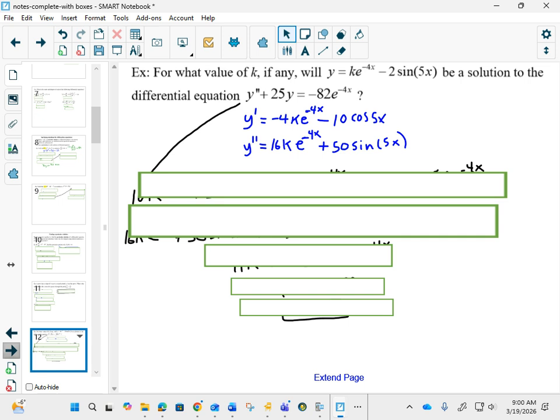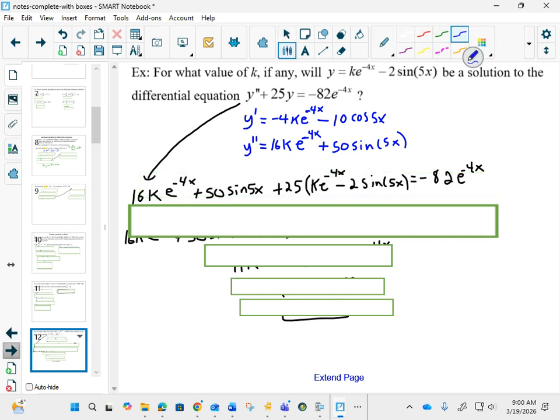And if this is supposed to be a particular solution to this, this means if we plug in y double prime, this value for y double prime, it should make it true. So in these blue brackets, I substituted y double prime.